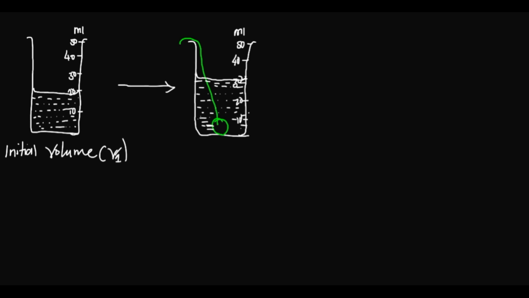So this volume, after we've placed the stone, is what we call the final volume, which is denoted in some books as V2.